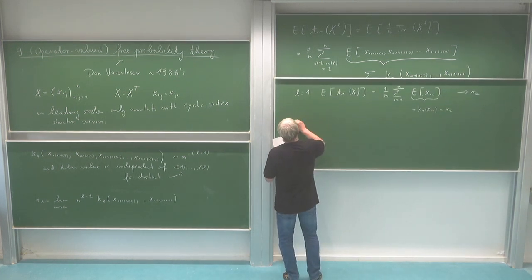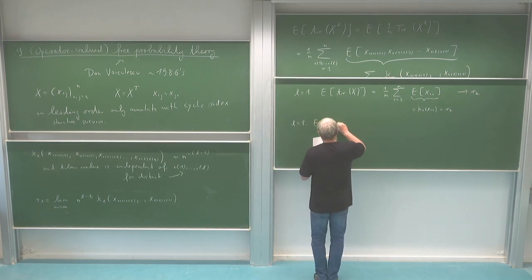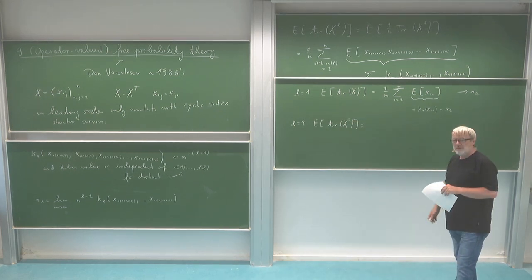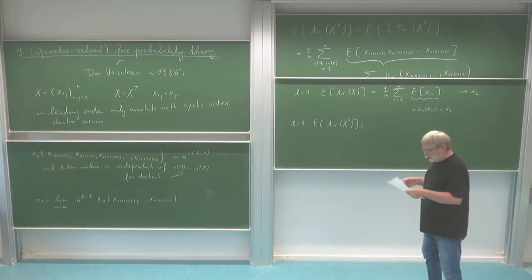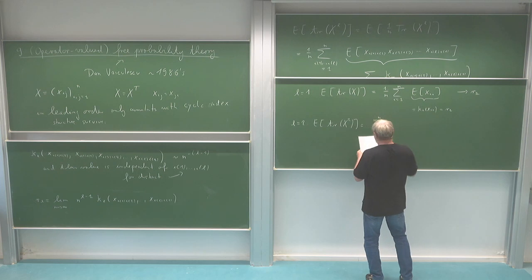Good, so for L equal to 2, if I take the expectation of the trace of x squared, what do I get there? Then of course I have to sum over two indices. Let me call them now i and j, instead of i_1 and i_2. So I have the sum over i and j, each running from 1 up to n.